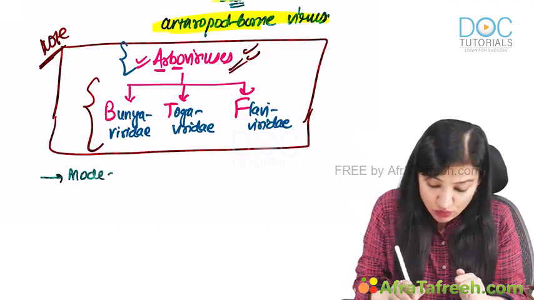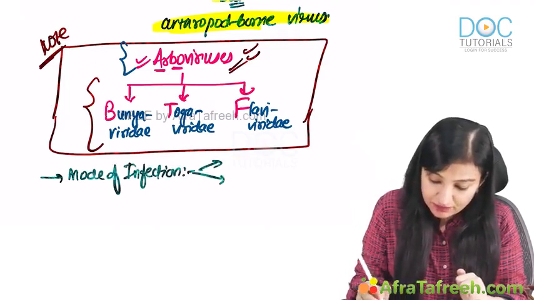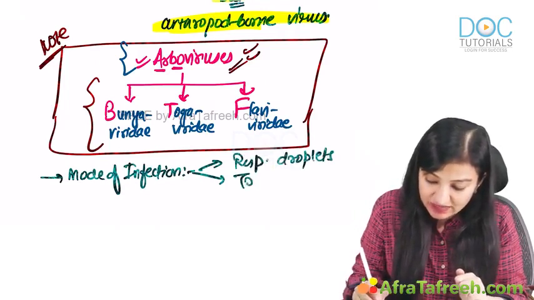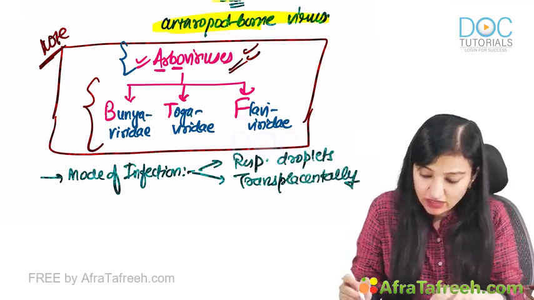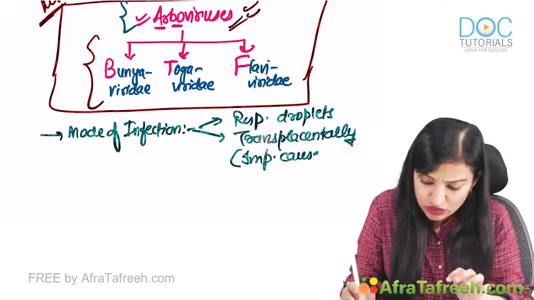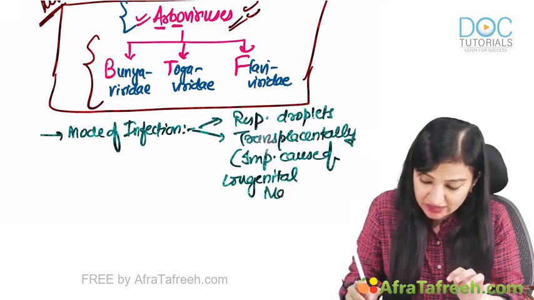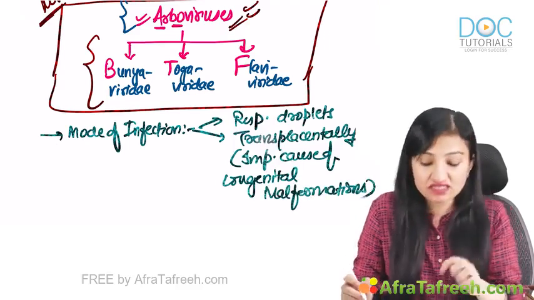Remember, the mode of infection of rubella virus is respiratory droplets, and remember, transplacental. This virus is an important cause of congenital malformations, just like CMV.